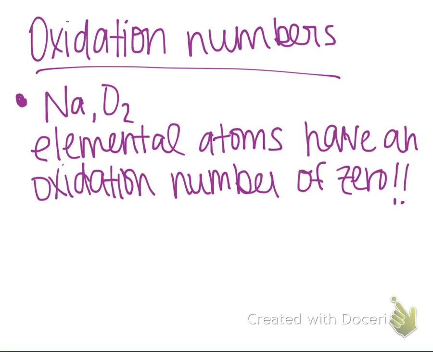If an element is by itself, it has an oxidation number of 0. That's because it's a neutral atom. Those electrons are distributed evenly.